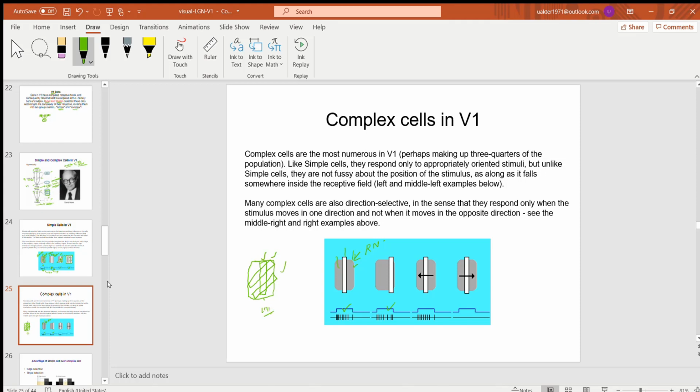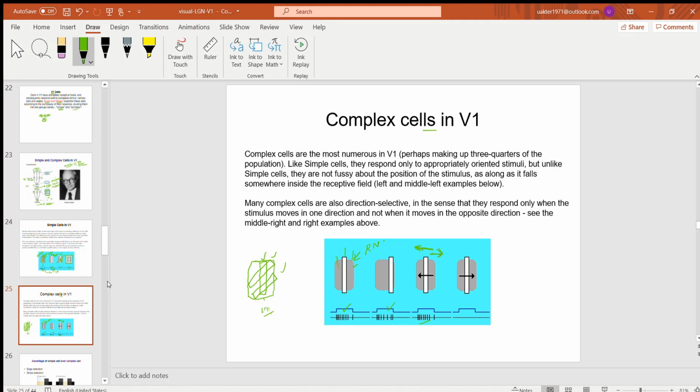However, the complex cells are sensitive to motion, as I mentioned, right? Some complex cells prefer particular directions. If I move the bar this way, the neuron will fire. If I move the bar in the opposite direction, it will be inhibited.